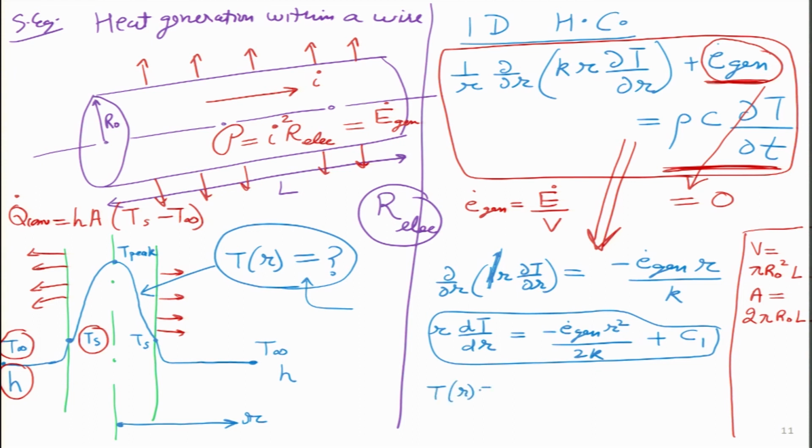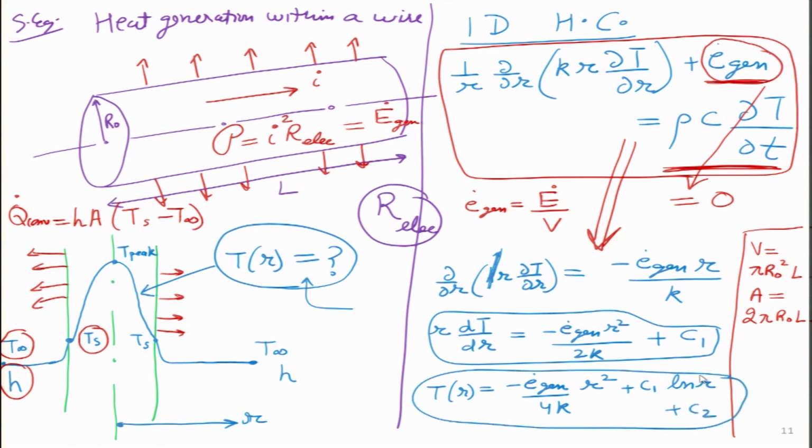I will get T of r equals minus E dot gen r square by 4k plus C1 ln r plus C2, which means I am looking at two constants for which I need two boundary conditions.